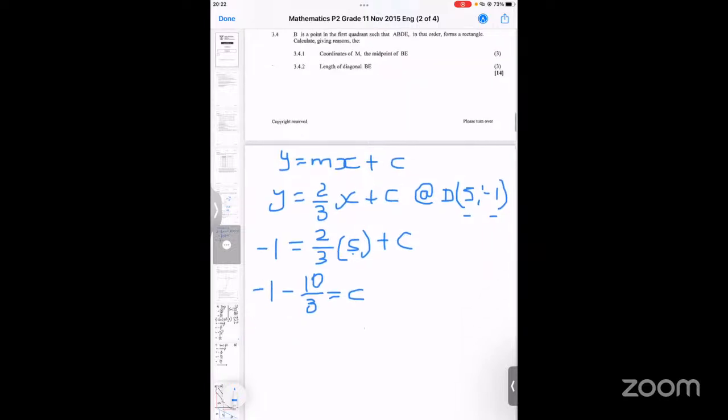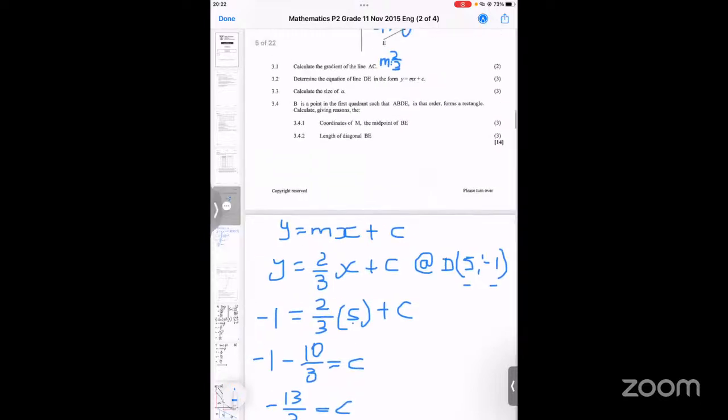You can just punch it on a calculator and it will give you negative, I think it's negative 13 over 3. That is your c. So others, they leave it here. You are not done because they said it has to be in that form.